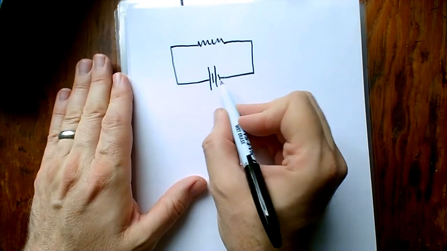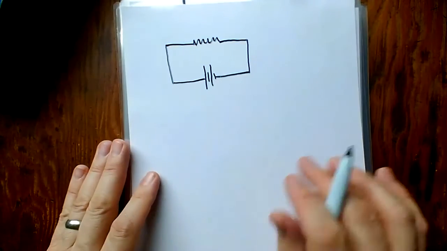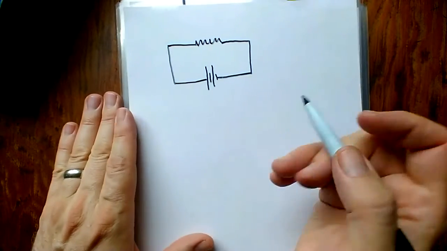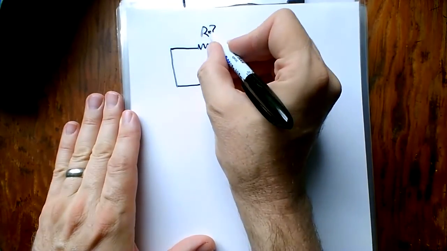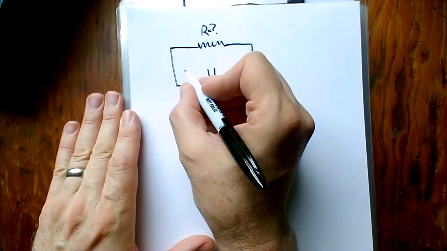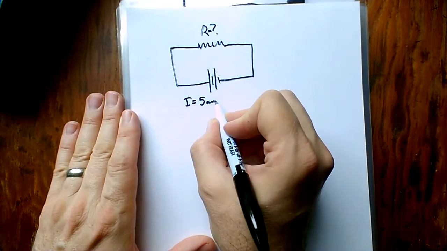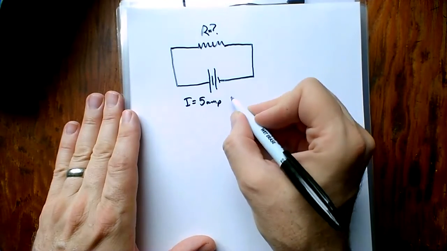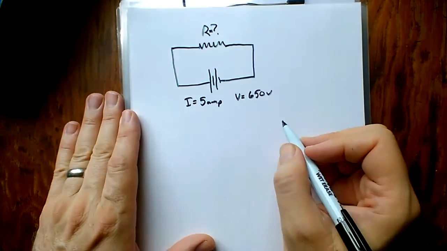This would literally show two batteries hooked up in series. With this, I could say, I don't know what my resistance is, but I know that my current is 5 amps, and my voltage here is 650 volts.